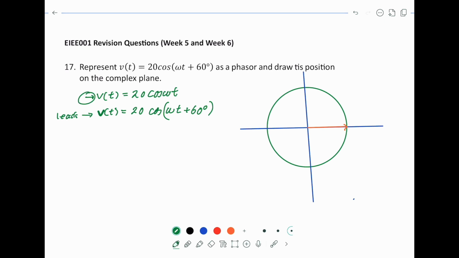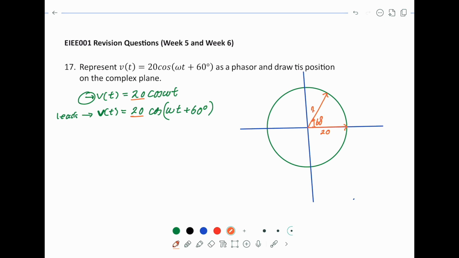On the phasor diagram, we use vectors again. The length of the vector is the amplitude, so we will say this is 20 units. Now we draw another vector at 60 degrees.